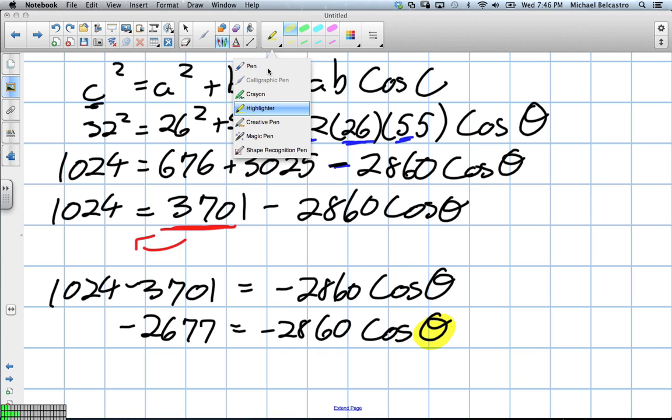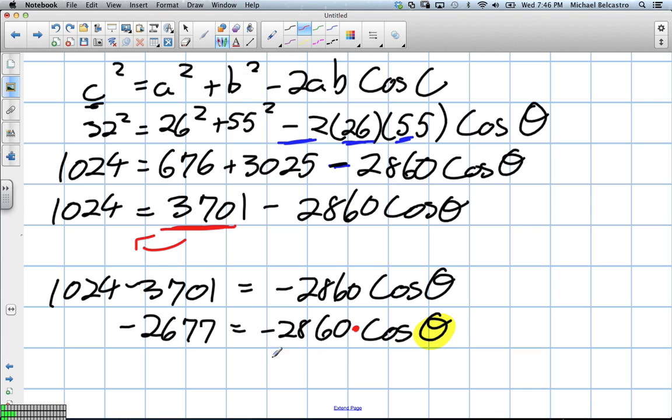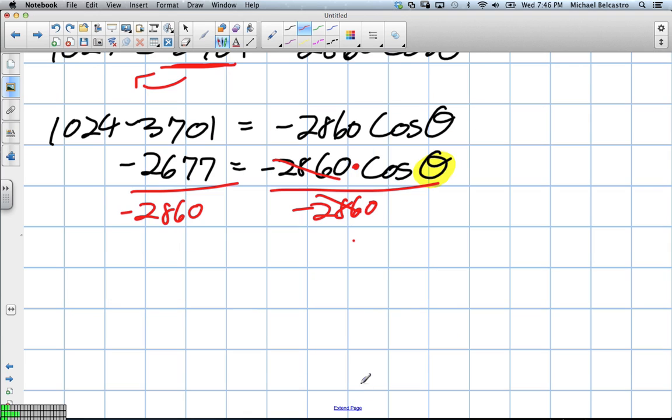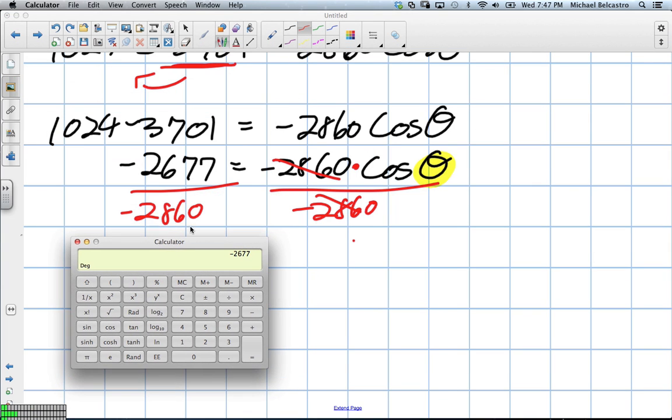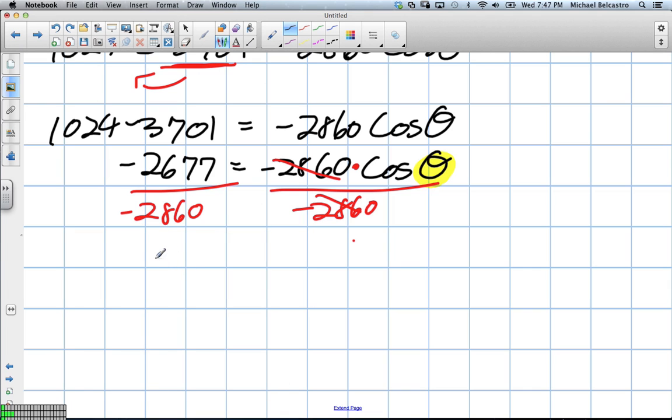So the next step is I'm going to divide. Because this is multiplied by, I'm going to divide both sides by the negative 2860, which means they'll cancel out or create a 1 on this side here. And when we divide those values, divided by negative 2860, it is equal to positive 0.936, let's say. 0.936 is equal to cos theta.